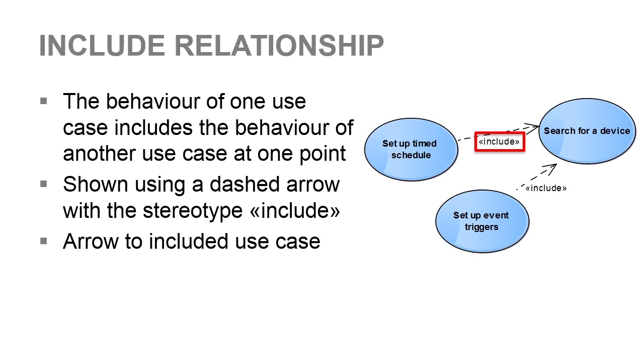In this example, both the use cases setup timed schedule and setup event triggers need to be able to search for a device. So the behavior of search for a device has been put into a separate use case that they both include. You have to be careful not to fragment the system into lots of mini use cases that don't offer any value to the user. Avoid this kind of decomposition of use cases unless it gives value.